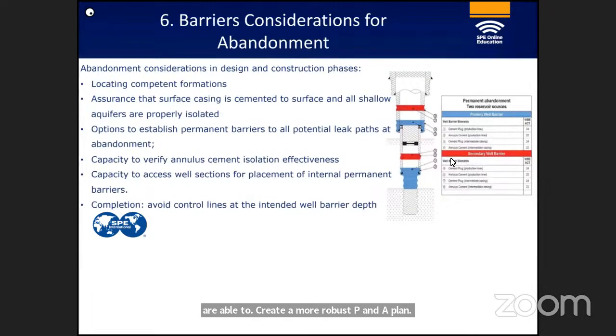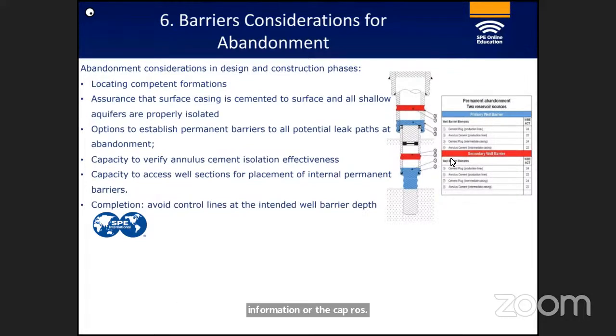So, barrier considerations for abandonment. Abandonment considerations in the design and construction phase have to include the location of the plugs where we have to place them. The plugs are supposed to be placed at competent formation or the cap rocks.